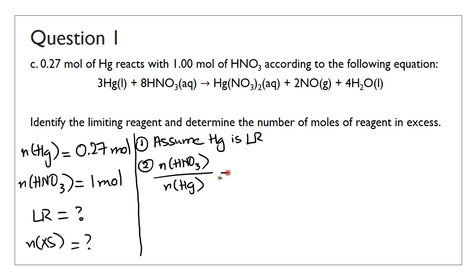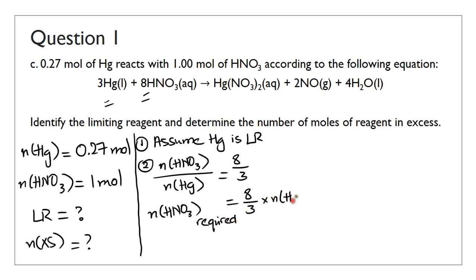So the mole ratio given in the question is 8:3. So the number of mole of HNO3 required is going to be 8/3 times the number of mole of Hg, so 8/3 times 0.27.